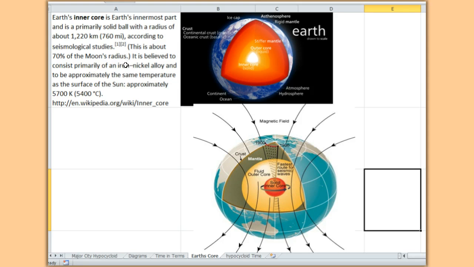This is about 70% of the moon's radius. It is believed to consist of primarily an iron-nickel alloy, melted rock at approximately the same temperature as the surface of the Sun. So, as you can see, we could never use this type of travel passing near the core of the Earth.